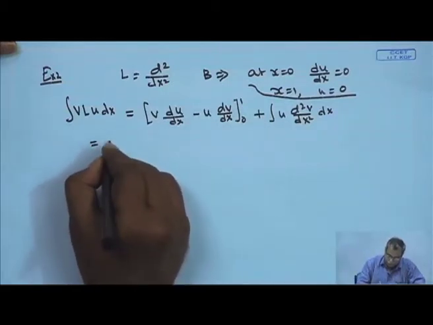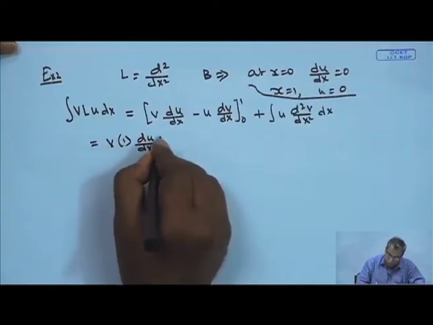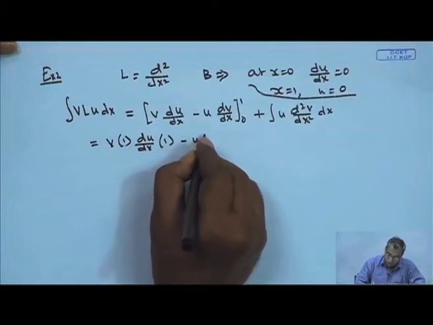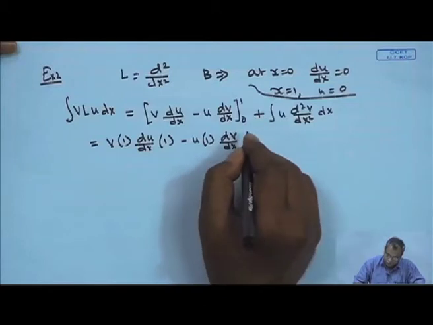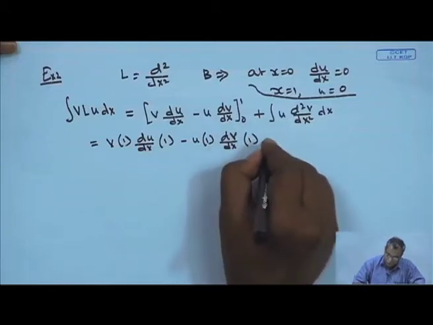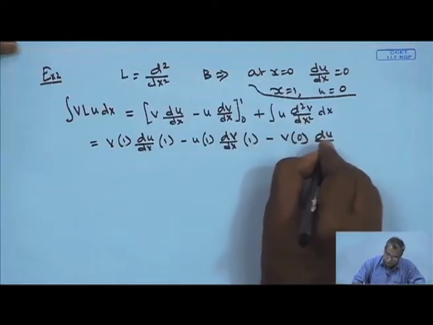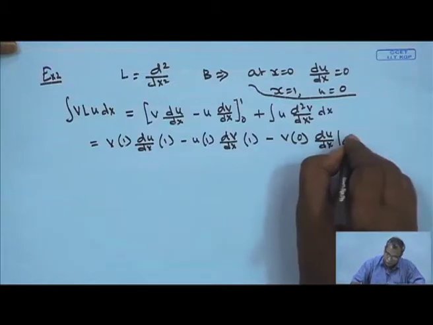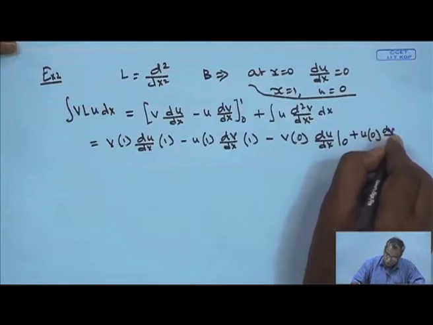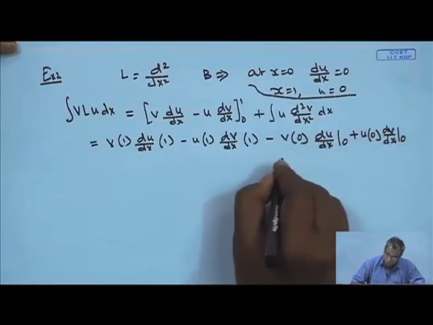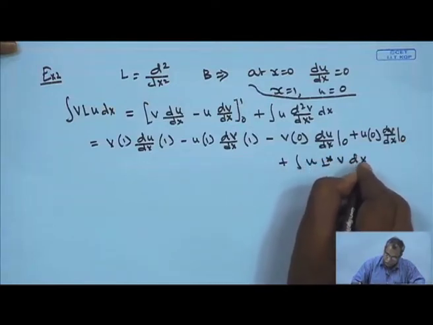Let us evaluate the bilinear concomitant first. v at 1 du/dx at 1 minus u at 1 dv/dx at 1, minus v at 0 du/dx at 0 minus minus plus u at 0 dv/dx at 0, plus integral u L star v dx.